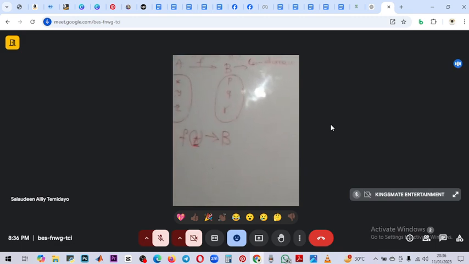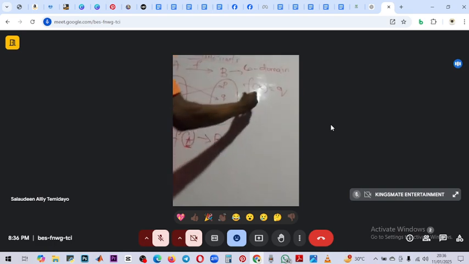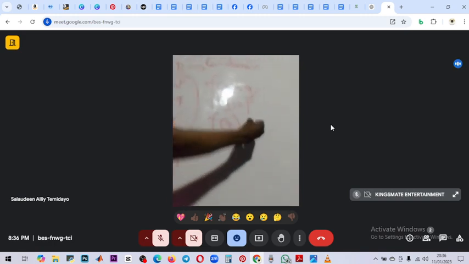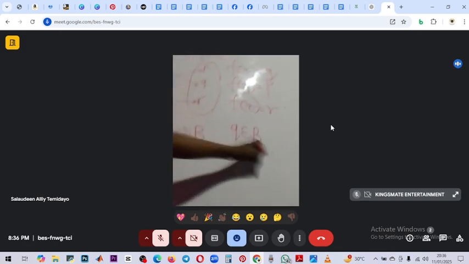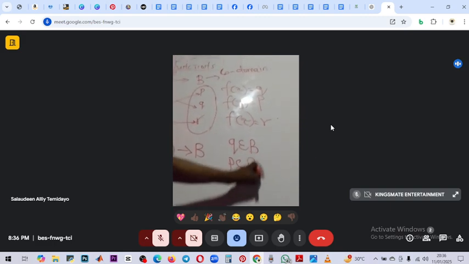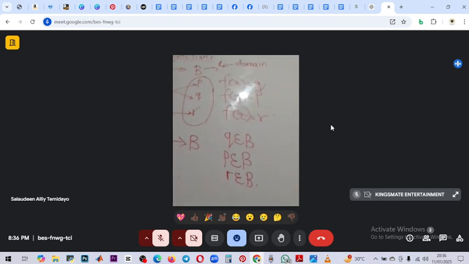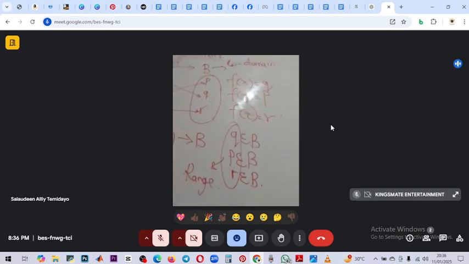Now, the elements of A can match any element in B. Let's say X matches Q, Y matches P, Z matches R. So F of X equals Q, F of Y equals P, F of Z equals R. What we are saying is Q is an element of set B, P is an element of set B, R is an element of set B. The three of them are known as the range of the function.